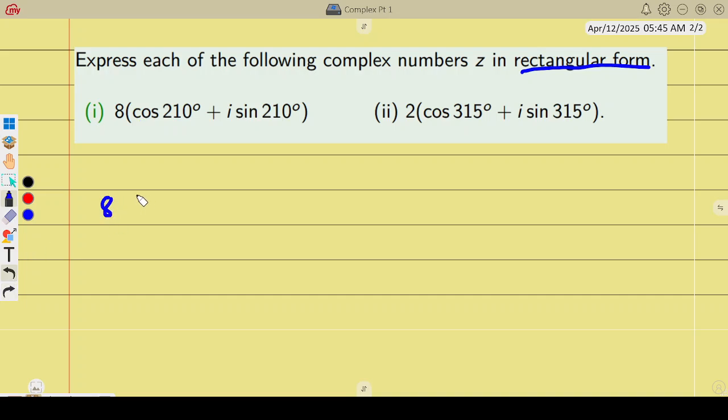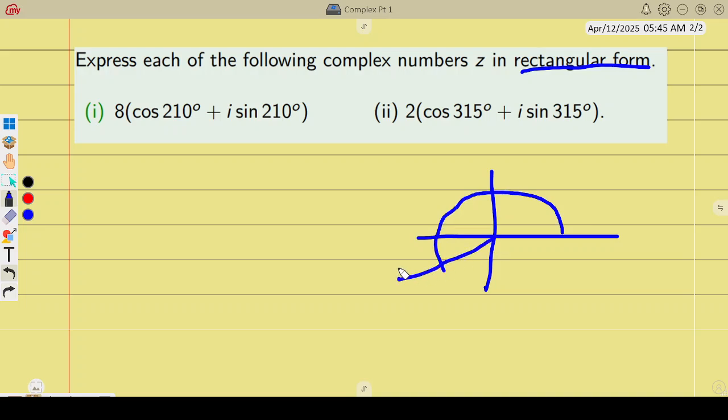this is 8. Before we do anything, we just have to know how to evaluate cos 210 and sin 210. We did this in our trigonometry lessons, trigonometry lesson 3 somewhere there. So cos 210: when we start going, this is 90, we reach 180, 210 will be somewhere here.